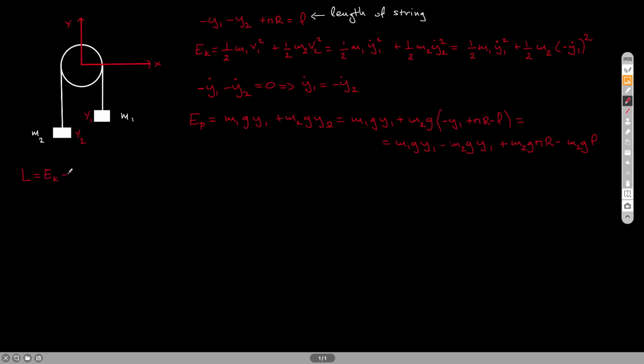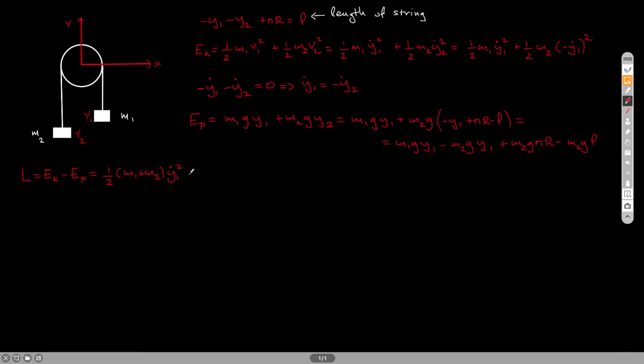Now that I have those two, I can find the Lagrangian. It will be 1/2 (m1 plus m2) times y1 dot squared. I combined those two terms.